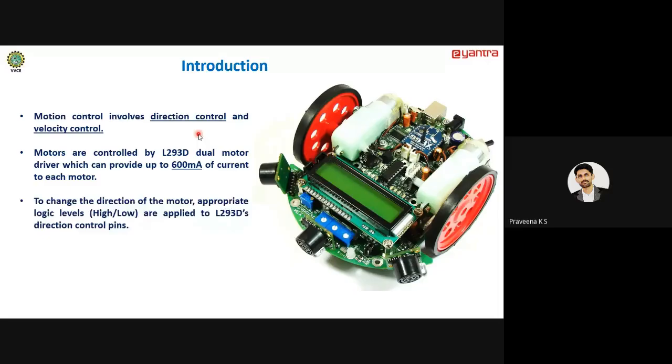To change the directions, we have to give the appropriate logic levels, high or low, to both direction control pins. Based on whether we send high or low for both the wheels, these two wheels will move either in the same direction or in different directions, right?